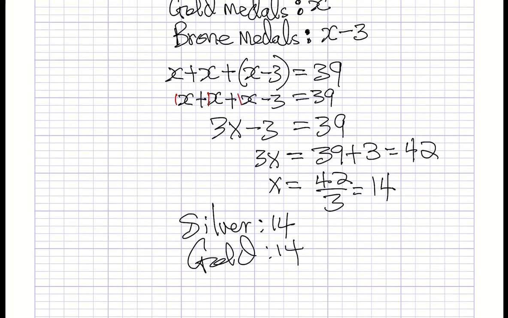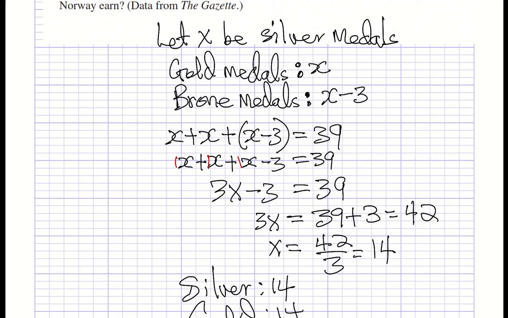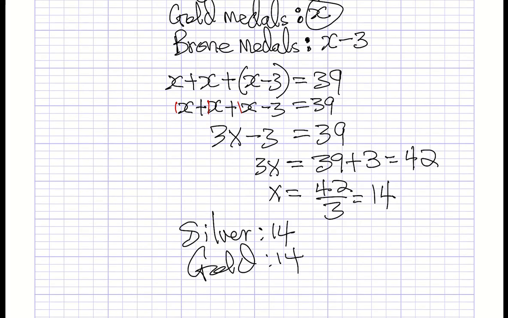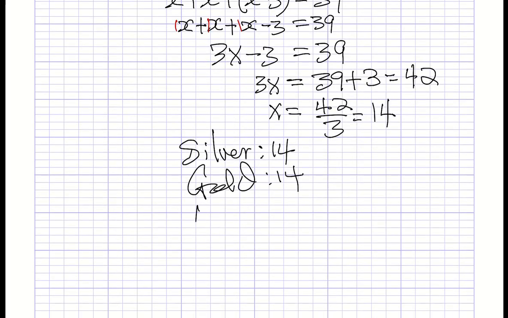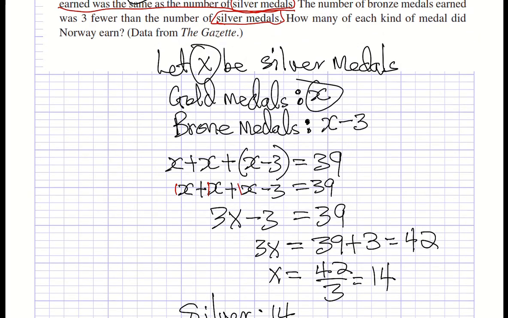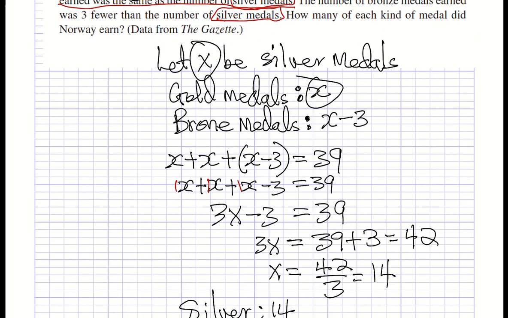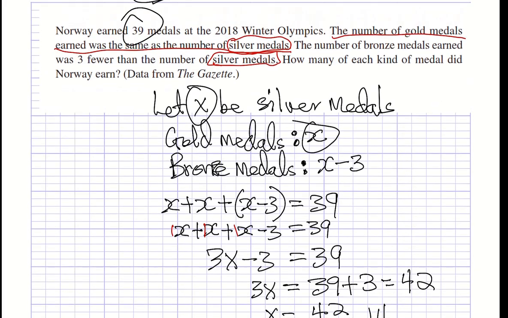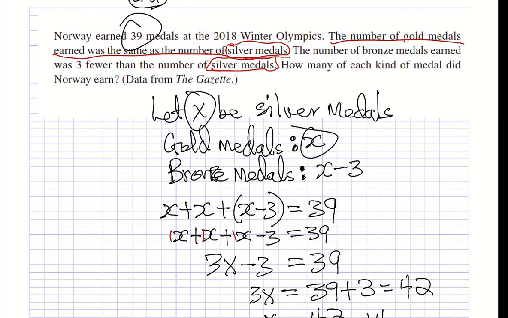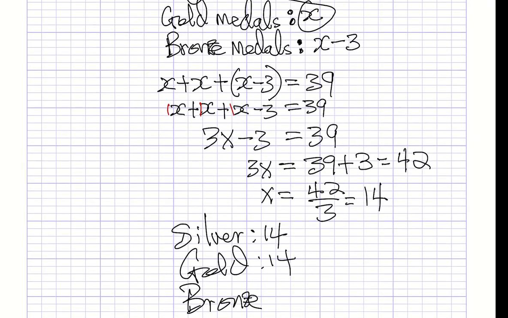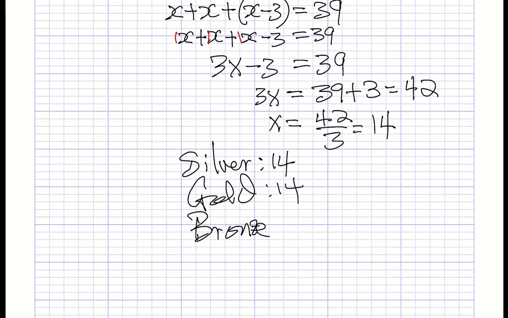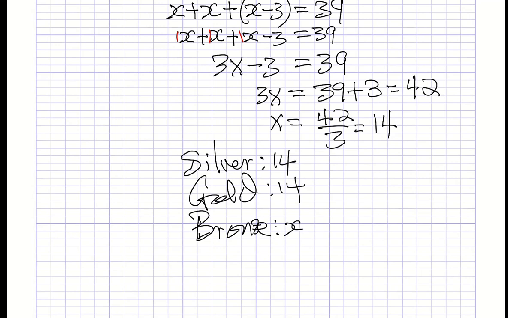That's all that is saying. Because you see, gold and silver are the same. And then the number of bronze, right? Number of bronze is x minus 3.